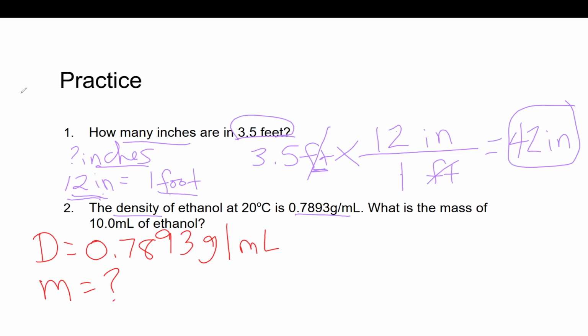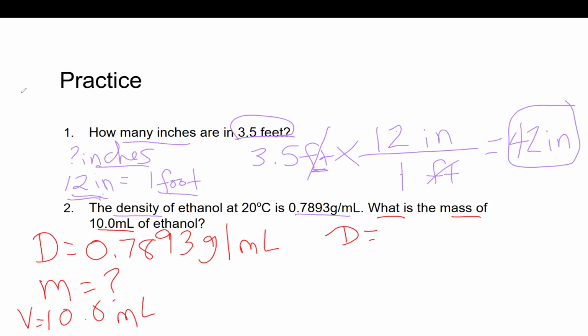So it says what is the mass? So I'm looking for the mass of 10 mil of ethanol. So 10 milliliters is volume. What is our equation for density?